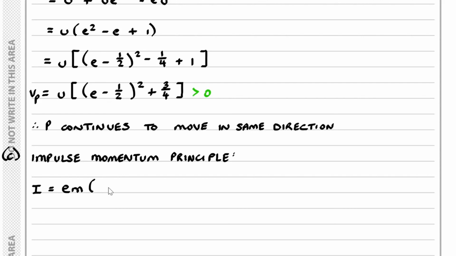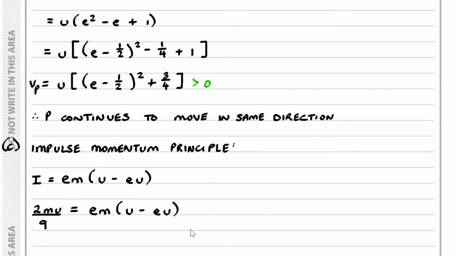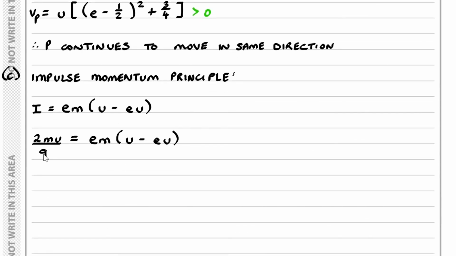And then I'm going to multiply this by the change in velocities, so I've got u minus eu. Now I know what I is, that's 2mu over 9. And this will equal em lots of u minus eu.